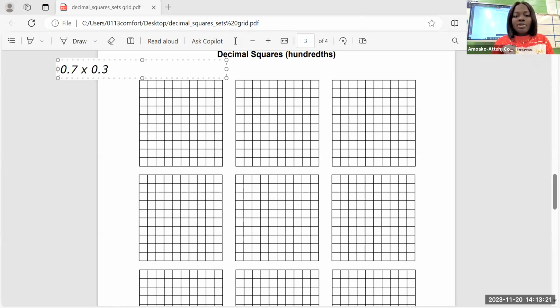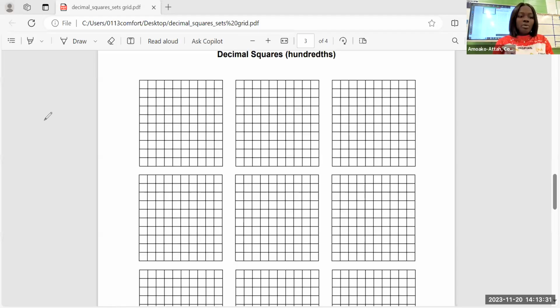Okay, so I hope you are seeing whatever I'm sharing right now. Let's pick another problem and see how best we can use our model to solve it. Let's see, 7 tenths times 3 tenths.